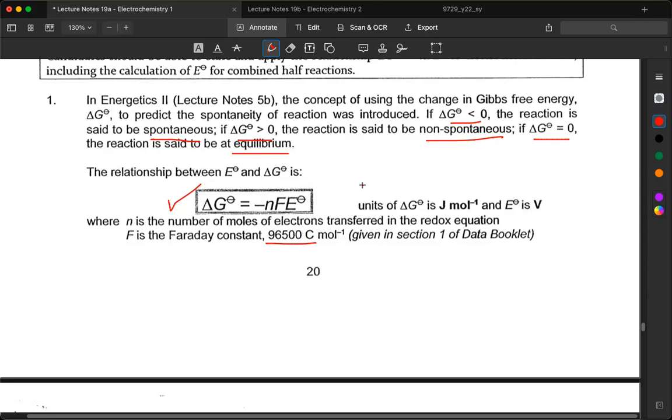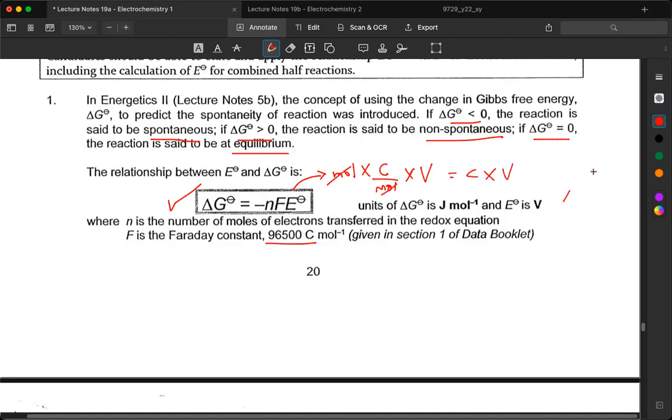Delta G is joule per mole. Okay, how do you get joule per mole? Derivation. So n is mole times C per mole. Correct? And then you have voltage, correct? From the E0. So this one cancels off, becomes C times V, right? Okay.